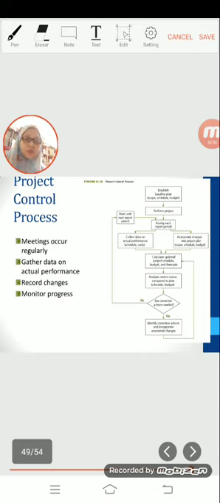Project control process. Here you see a figure that illustrates the steps in the project control process. The project control process starts with establishing the base plan: scope, schedule and budget.